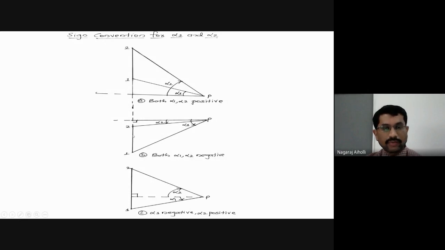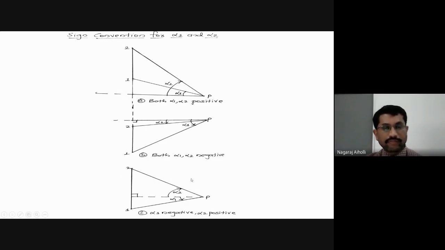Both ends of the conductor, the higher end and the lower end, are below the point P of interest, and hence the angles subtended by these two are negative. Alpha 1 and alpha 2 are both negative because both ends of the conductor are below the point P. This is the second figure.